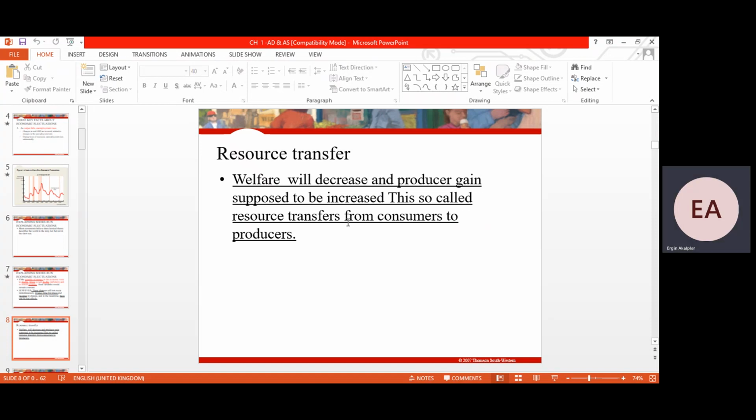The consumers, so-called employees, are affected mostly because the prices increase very high, but the wages increase very small and slowly. And as a result of this, some resource transfer goes from consumers to producers who are holding the capital in their hands. And this is unfortunately not good for the economy.